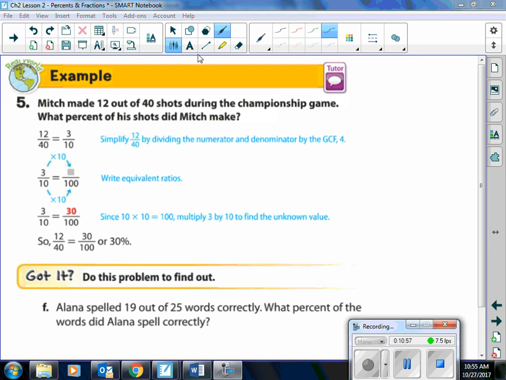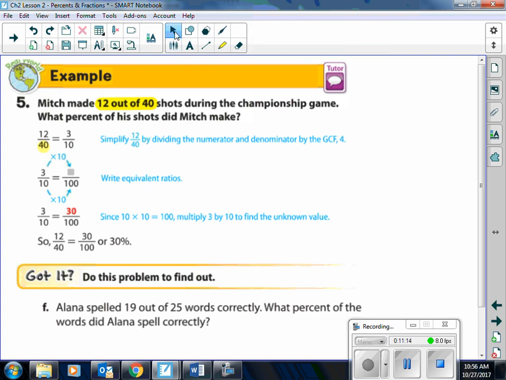All right, for example 5, it says Mitch made 12 out of 40 shots during the championship game. So 12 out of 40, written as a fraction, is 12 over 40. Now, once again, we can't make that 40 into 100, so we need to scale back.